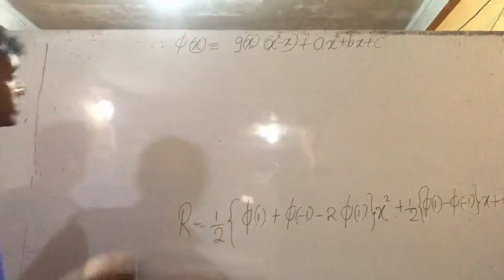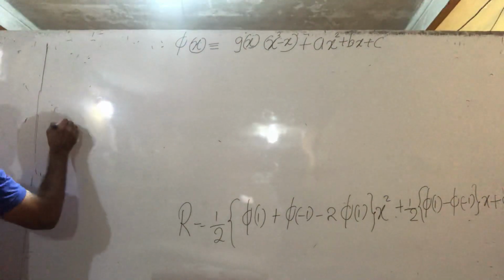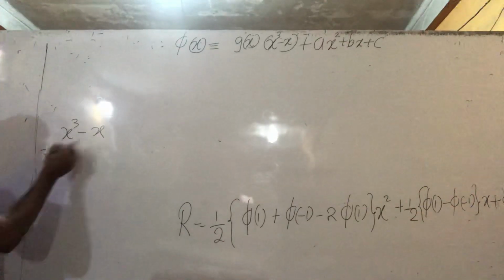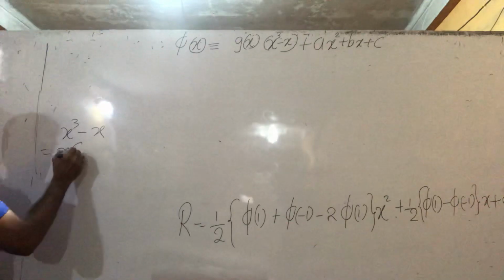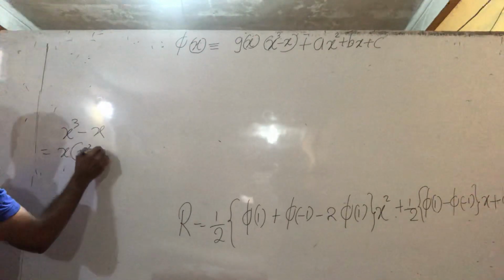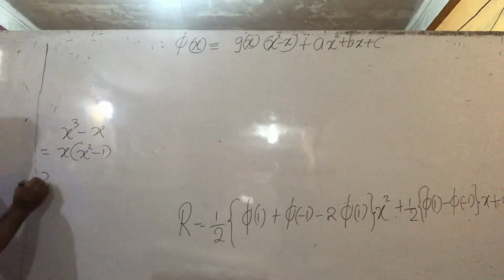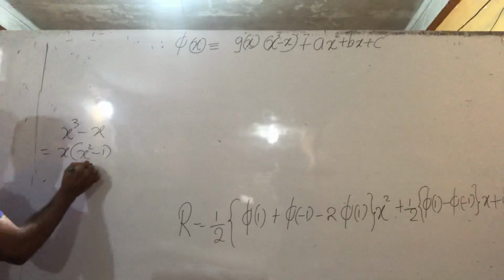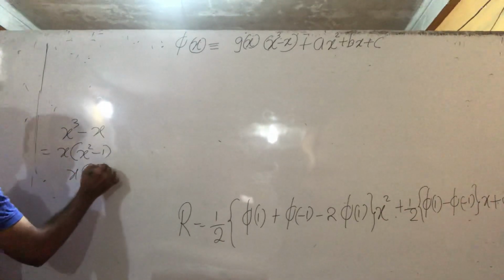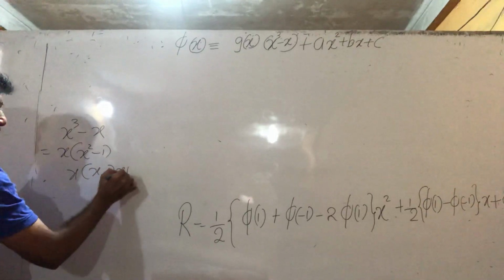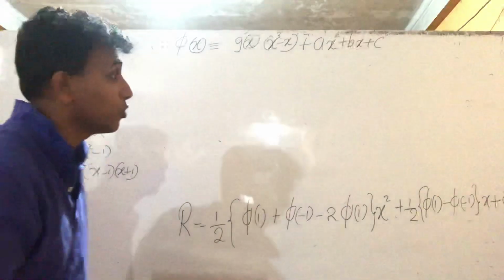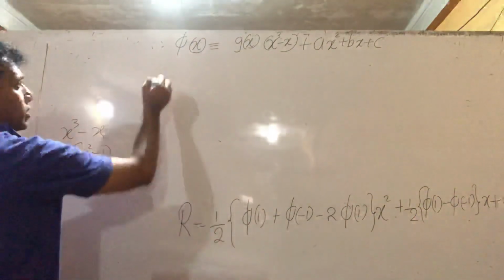Take the x out: x into x square minus 1. Again factorize: x into x minus 1, x plus 1. Okay, factorization.